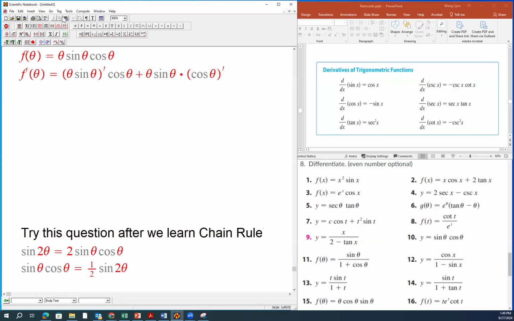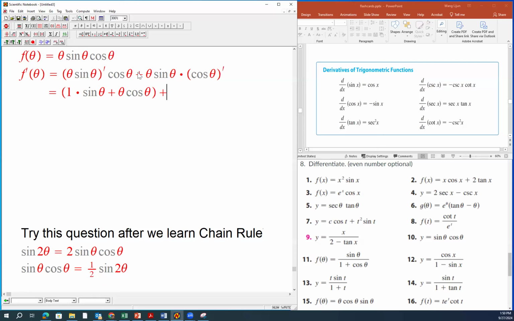All right. How about this piece? This piece, we're going to have to deal with it, right? Differentiate theta, we get 0. I'm sorry, 1. Sorry, 1 times sine theta plus theta multiply derivative of sine theta cosine theta, right?